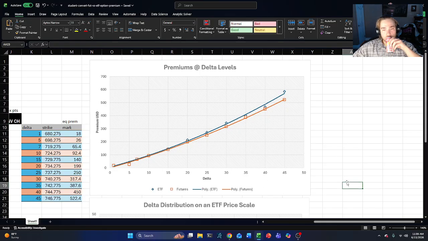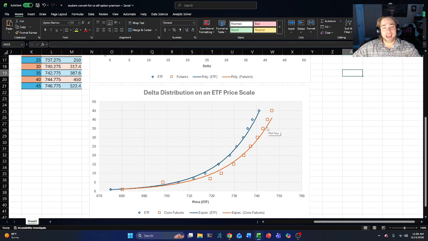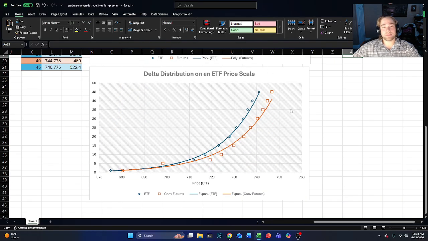It could be, but ultimately, as I continue these projects, I would be really interested to look more at ZB to TLT premium curves. The hypothesis I gave in my presentation video is that retail participation will be so novel in the fixed income world that this might cause the distributions to change. And here I have the delta distribution priced on an ETF scale.